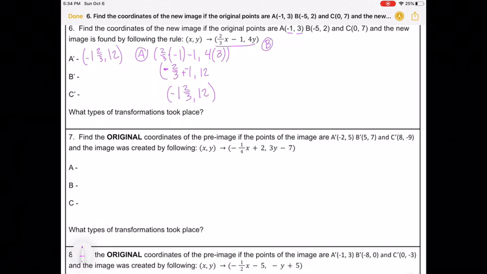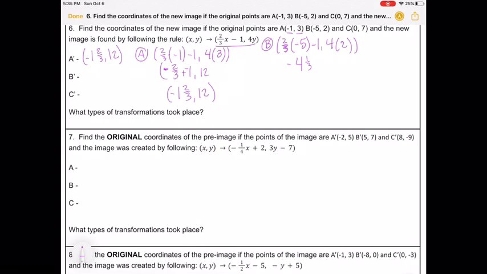Okay, if you paused, you'll be checking now. So for B, I want to plug in 2/3 times negative 5 minus 1, and 4 times 2. Okay, so that's a 3, sorry. So 2/3 times negative 5 is negative 4 1/3. Oh, minus 1, sorry, I did that part as well.